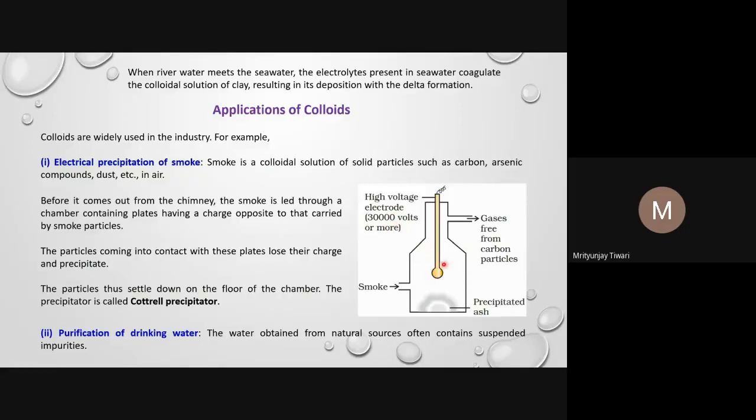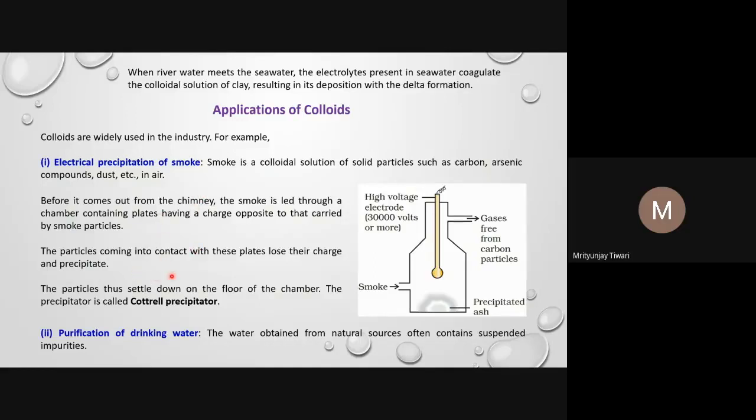Because this charge is there, the particles of smoke, carbon, arsenic, and dust, will take the charge, get neutralized, and get precipitated as ash. And the remaining gases will come out, free from carbon particles, arsenic particles, dust particles and so on.